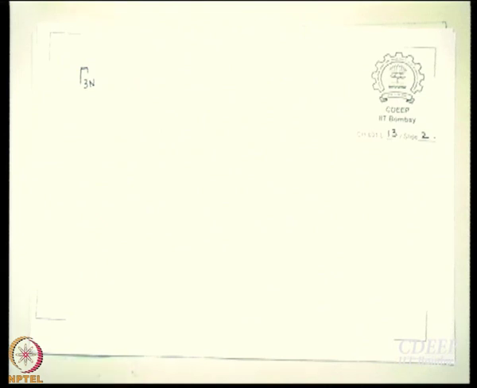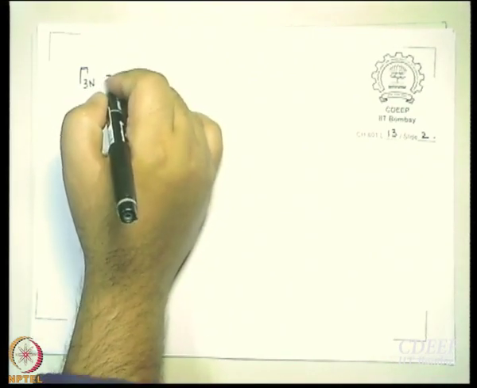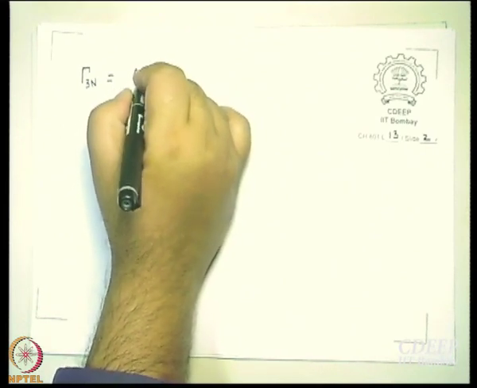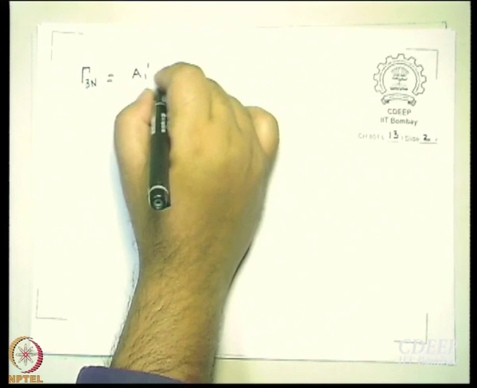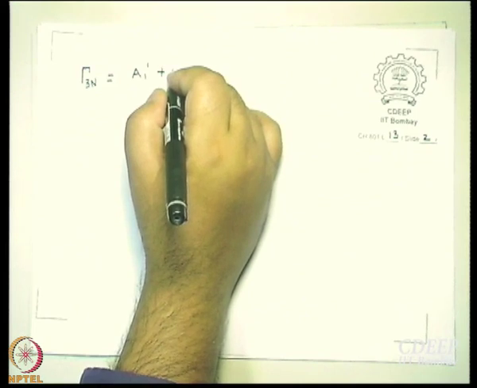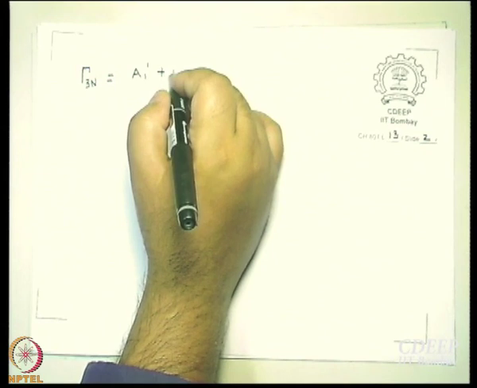Okay. So that is equal to, what is A1 dash? So I will write A1 dash plus, what is A2 dash? A2 dash 0. So I won't even bother writing anything. What is E dash?